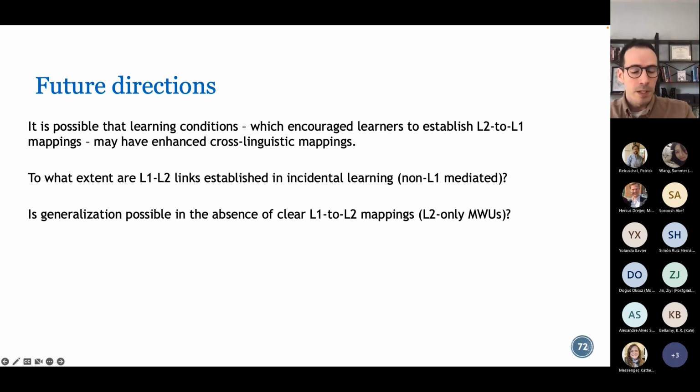And of course, there are other contexts where we might look at generalization, where there's not even a clear first language equivalent, but rather there might be multi-word units or constructions that are specific entirely to the second language.